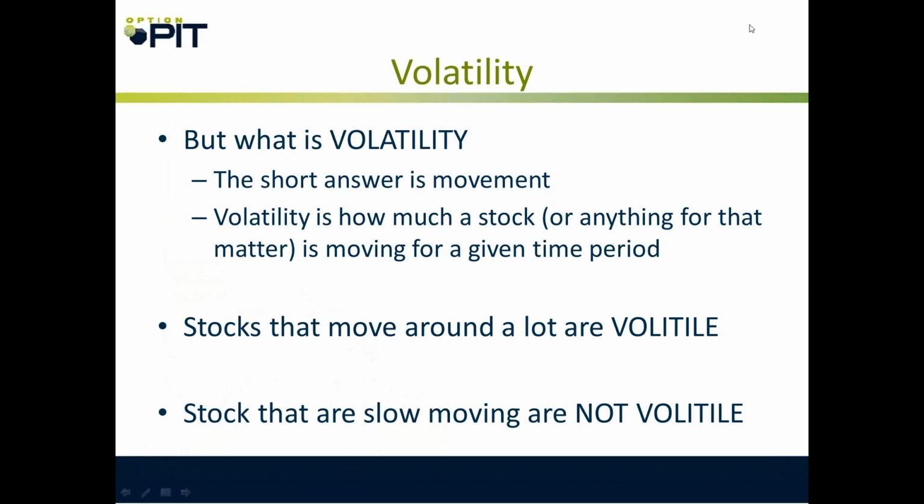But the short answer on volatility is movement, especially for what we're going to cover. Volatility is how much a stock, or anything for that matter, is moving for a given time period. Volatility is movement over a time series or over a data set. Stocks that move around a lot are volatile.